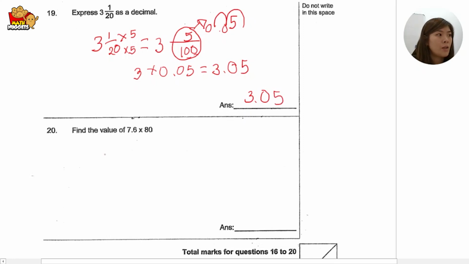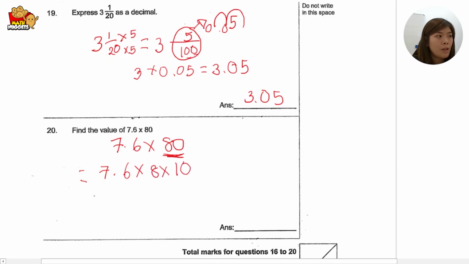Question 20. Find the value of 7.6 times 80. To further break this down, 7.6 multiplied by 80 can be broken down into 8 times 10.